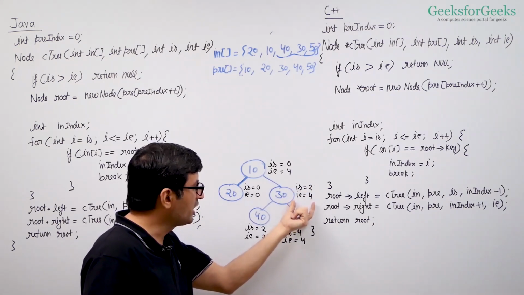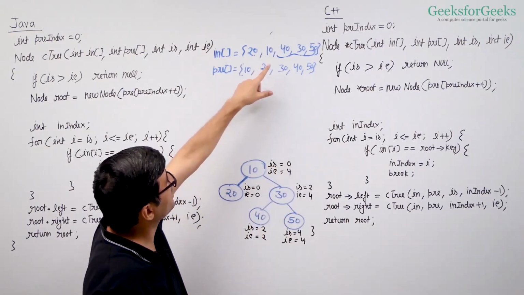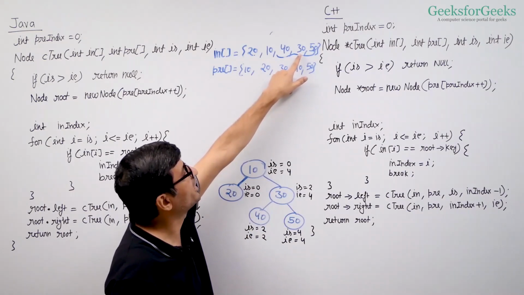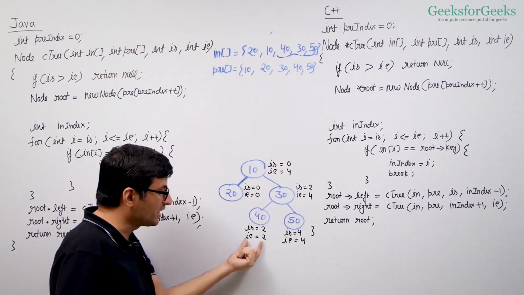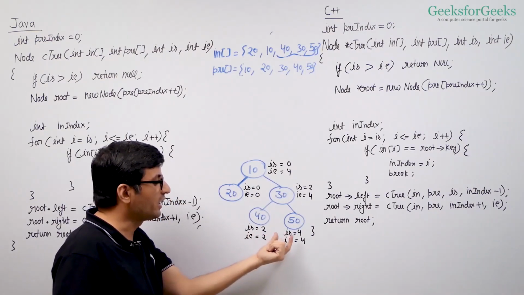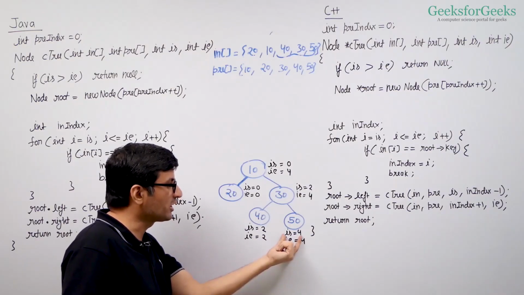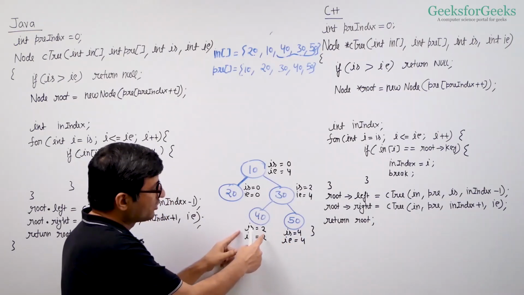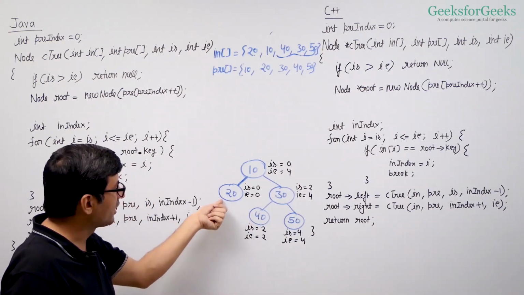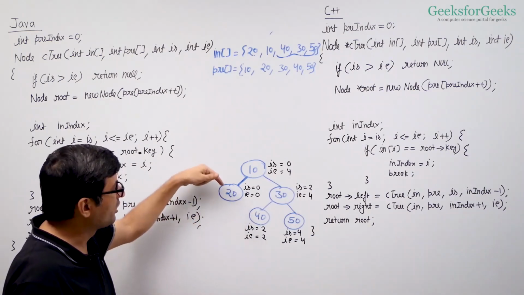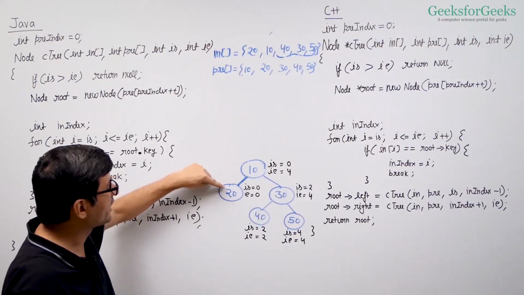And similarly, 30 is searched in the subtree. It is found at index 3 and you pass inIndex - 1 as the IE on the left call and inIndex + 1 as IS on the right call. So the left call gets 2, and the right call gets 4. When you make recursive calls for the left and right of these, what will you pass? You will see 20 at index 0.